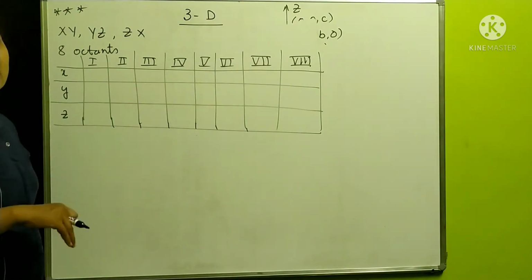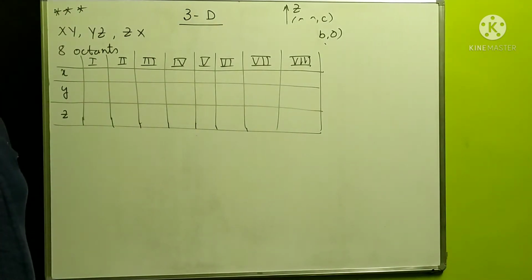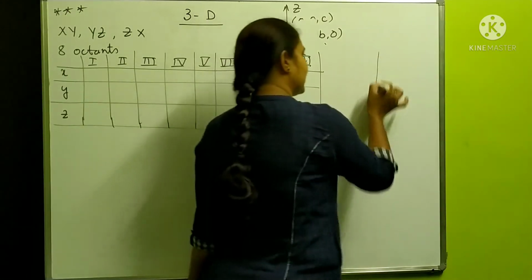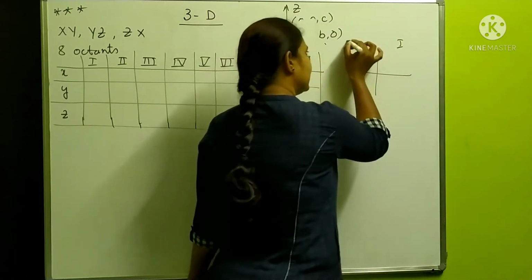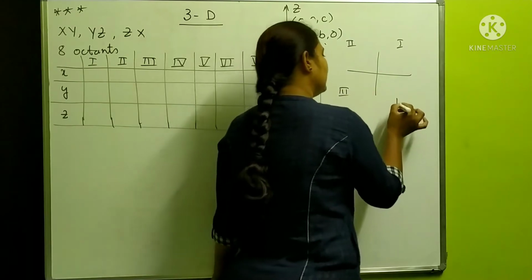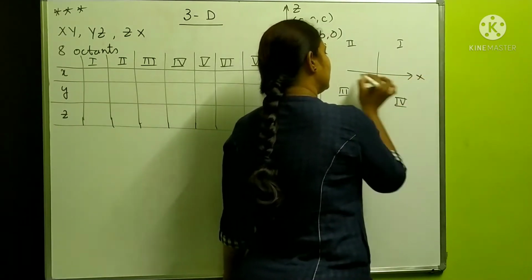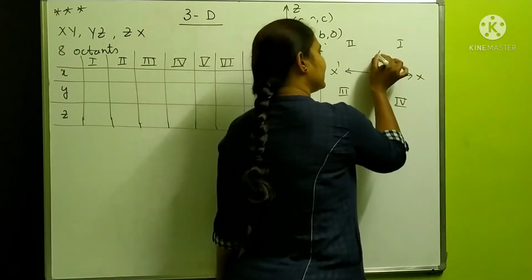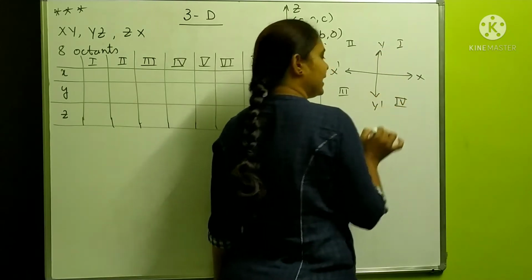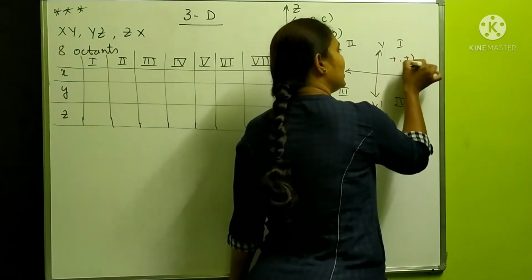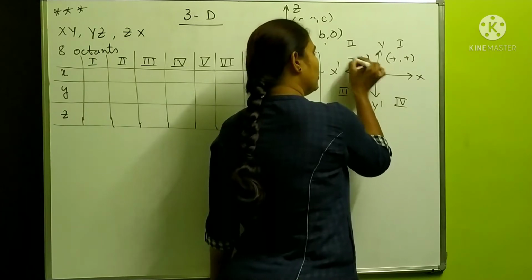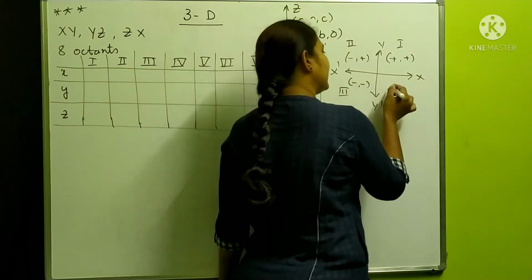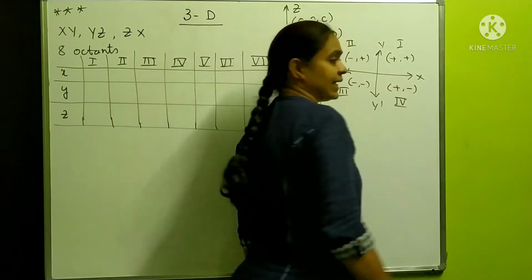You know already how to take signs for quadrants. In a quadrant, how to decide the sign? This is the first quadrant, second, third, fourth quadrant. This is positive x-axis, negative x-axis, positive y, negative y. Here both are positive, here negative positive, here negative negative, here positive negative.